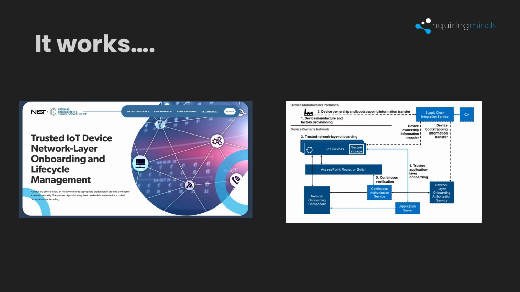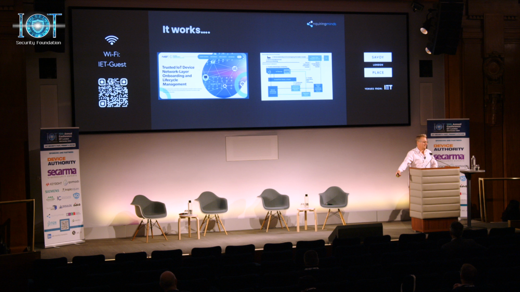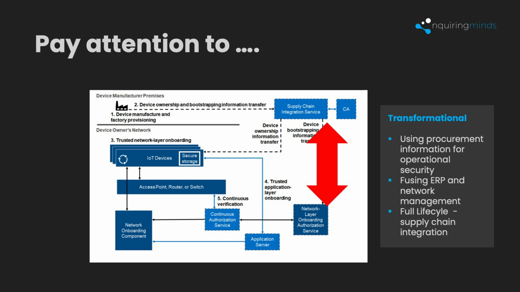In this reference architecture diagram, there are two things I want to draw attention to. One, that continuous assurance box there, that's us, the collective IoTSF community. We inserted that in there because it resonates with what we believe are long-term requirements for IoT security. And two, this piece, I think, is the most important part of the NIST architecture.